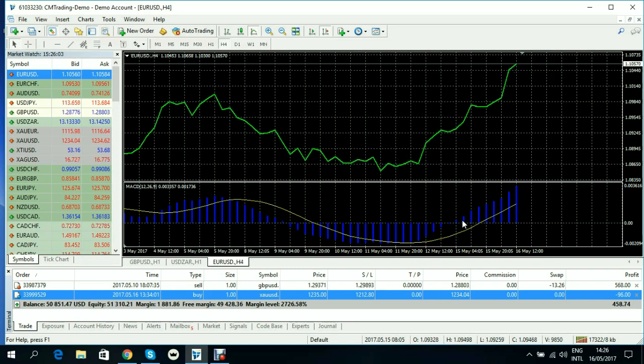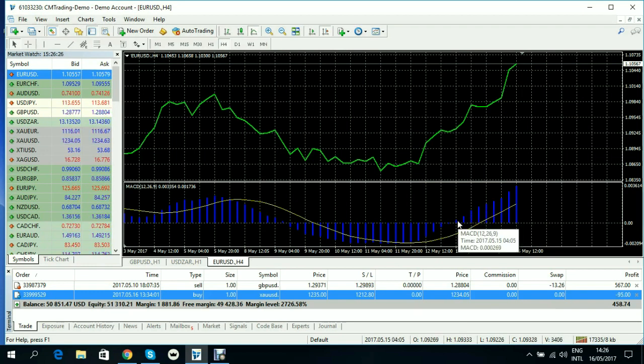You can see that as the bars increase, the price line also increases. All right, so it is easy to understand.